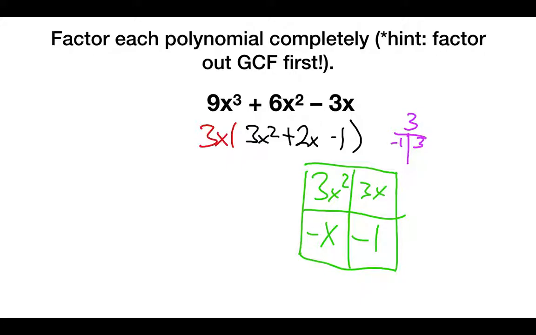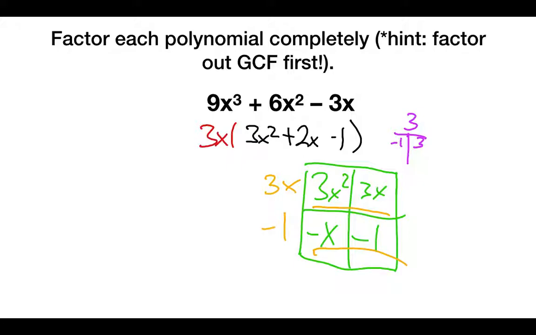So, first, the greatest common factor between 3x and 3x squared is 3x. The common factor we want to pull out of negative x and negative 1 is minus 1.